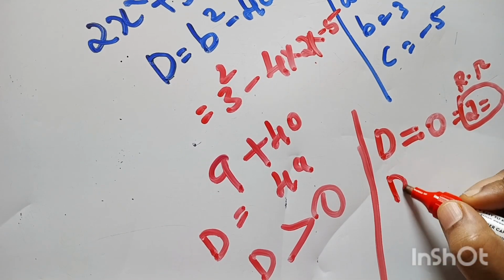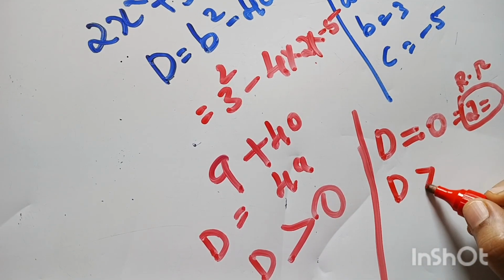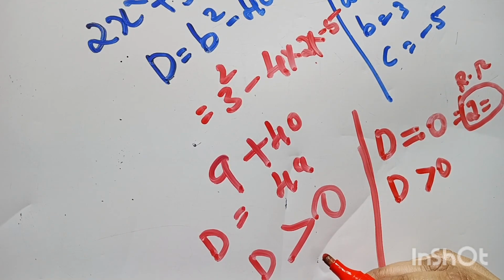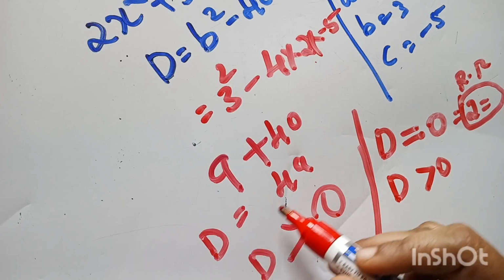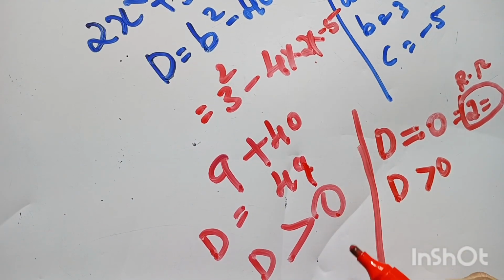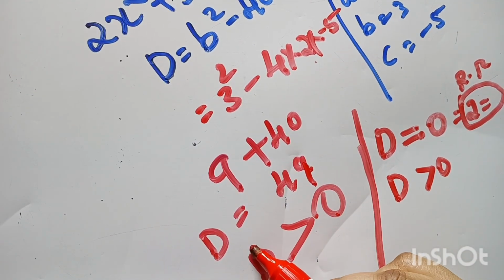When the discriminant is greater than 0, for example D is equal to 49, and 49 is greater than 0, then we get two distinct real roots.